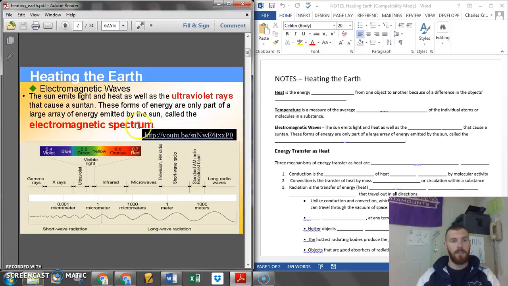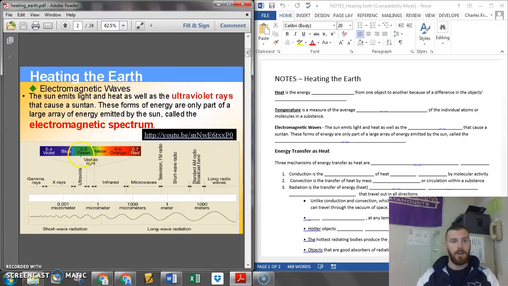Okay, moving on. We'll talk more about electromagnetic waves in further units, but just to get a brief glimpse here, the sun emits light and heat as well as ultraviolet rays. Those are the things that would cause a suntan while at the beach or something like that. But these forms of energy are only part of a large array of energy emitted by the sun called the electromagnetic spectrum.